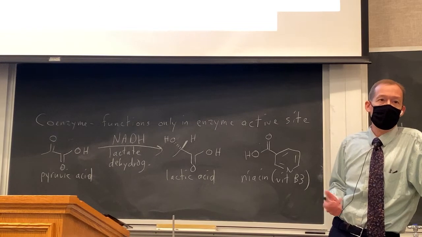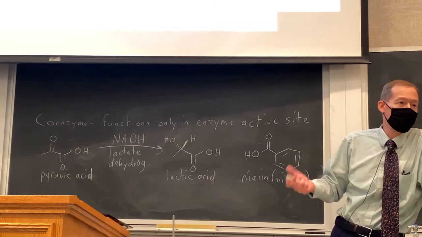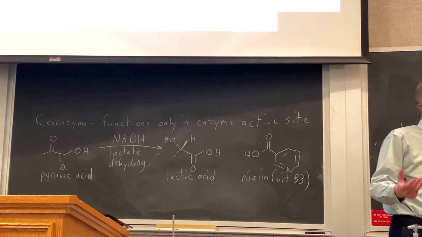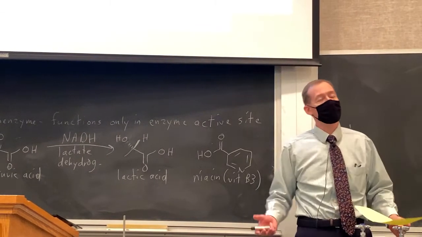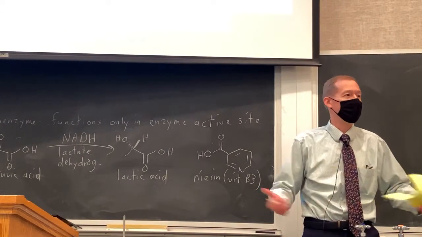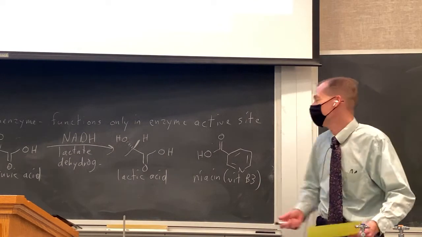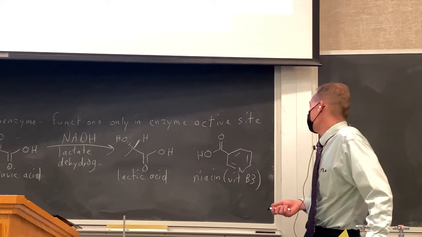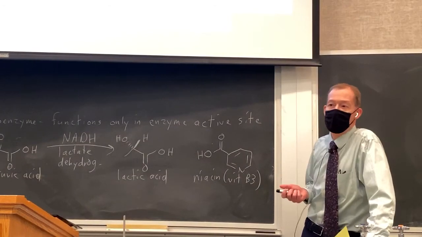And if you're exercising and you need energy faster than you can get from aerobic respiration, this pathway kicks in, and the buildup of lactic acid in your muscles is what causes your muscles to get sore. And then you have to rest once that lactic acid builds up to allow that lactic acid to break down so that you then can exercise again.